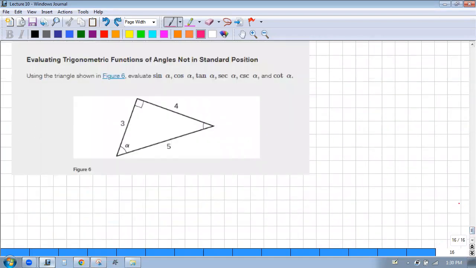So now you have 6 new identities to memorize, right? But it's not that deep, right? It's the same concept. So let's look at this. Here's a triangle. Here's alpha. Sine of alpha. Okay, well, if this is alpha, this is the hypotenuse. This is the side opposite.